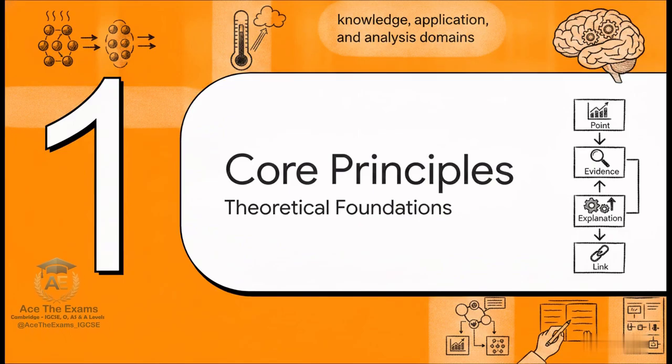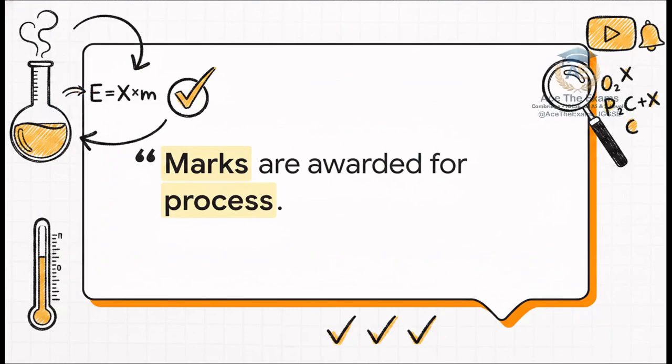Let's look at the theoretical architecture of thermal physics and how it targets your knowledge, application, and analysis domains. You see, Cambridge isn't just testing if you memorize that boiling happens at a specific temperature. Anyone can memorize that. They are testing how you apply that knowledge to totally novel situations and how you analyze the data they give you. To conquer this, you need a system.